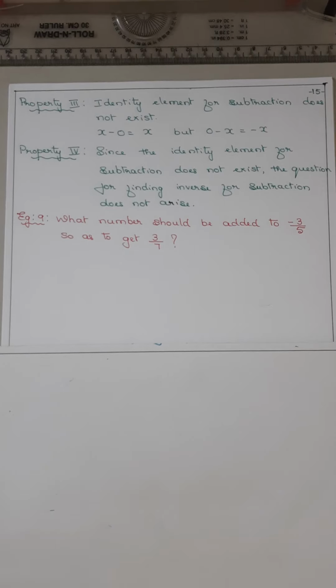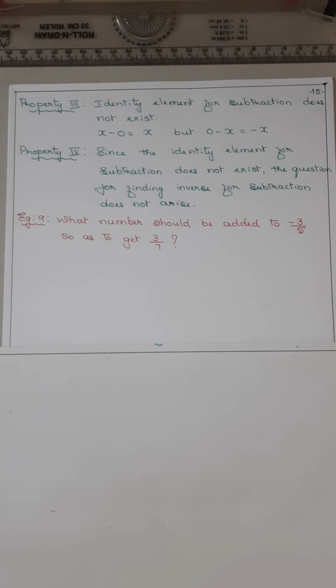What number should be added to minus 3 by 5 so as to get 3 by 7?